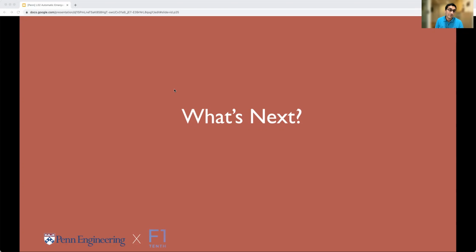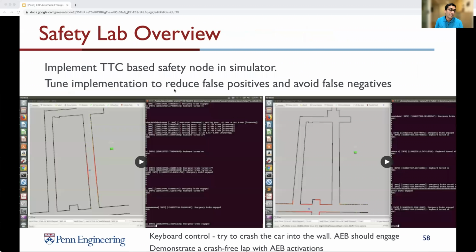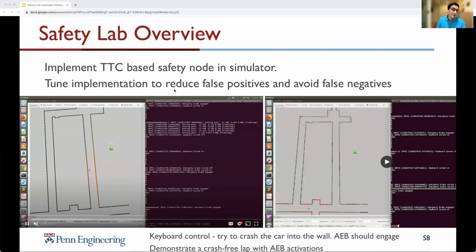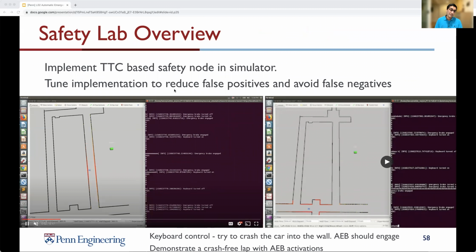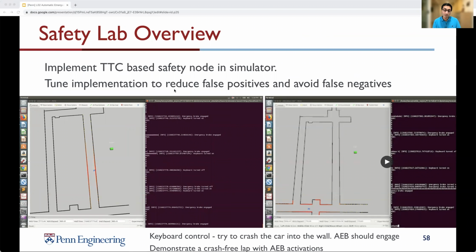So let's see what's coming up next, right? Now that you're going to start to implement AEB, you'll implement TTC based on the safety node in the simulator first. And essentially you'll have keyboard control and try to crash the vehicle into the corridors, as you can see on the left video over here. AEB should essentially engage whenever you're about to crash, right?